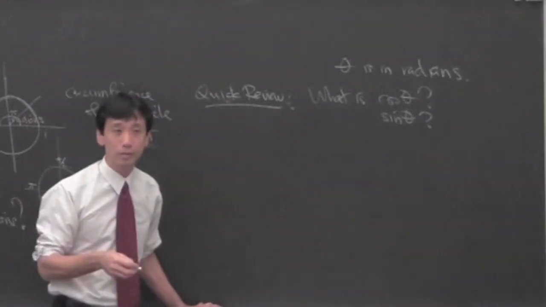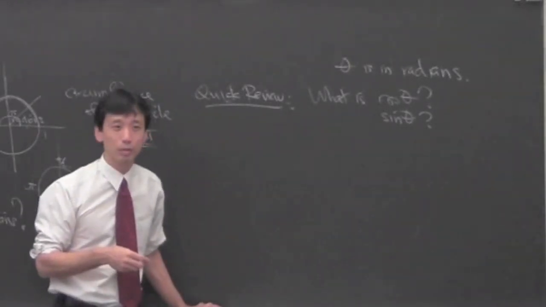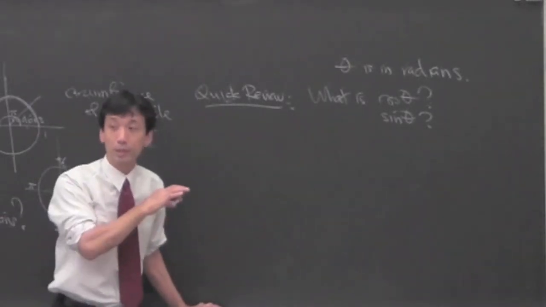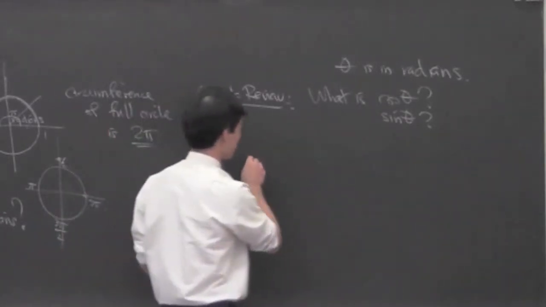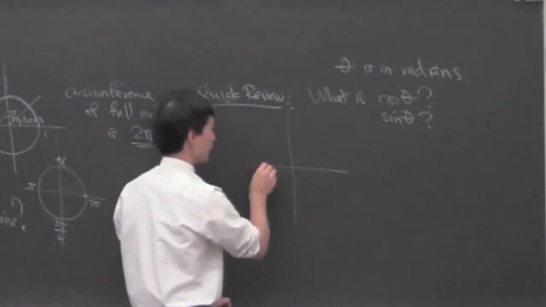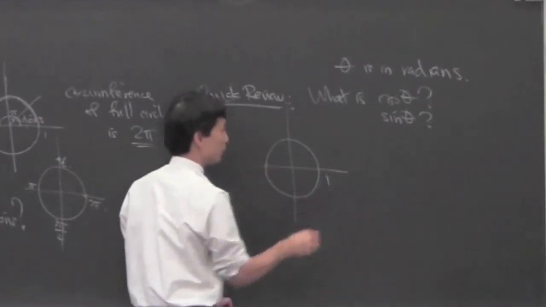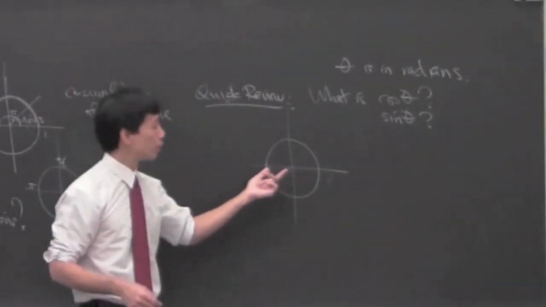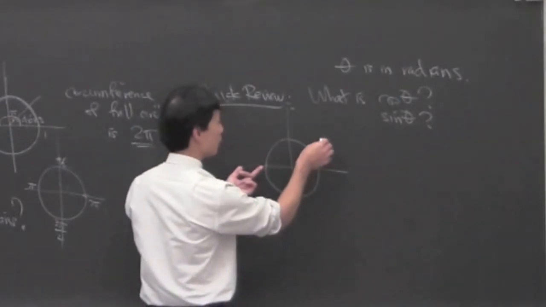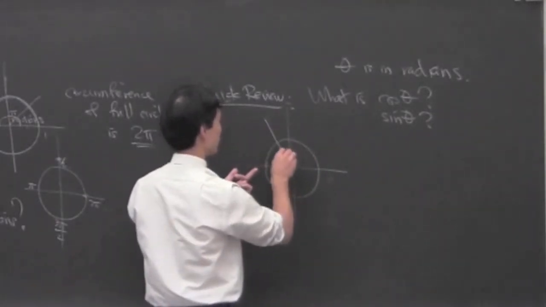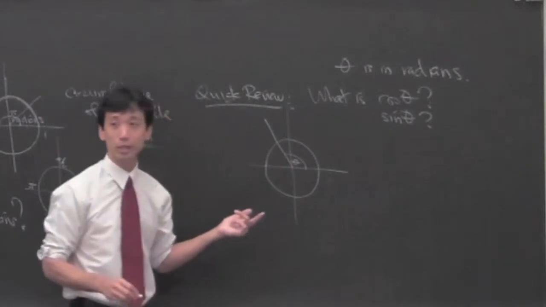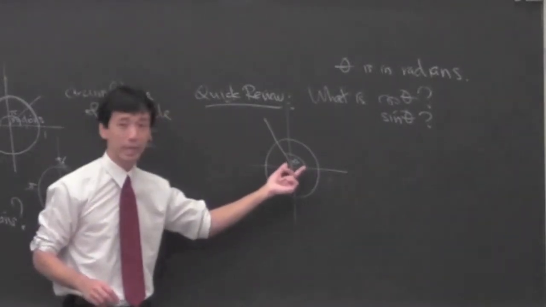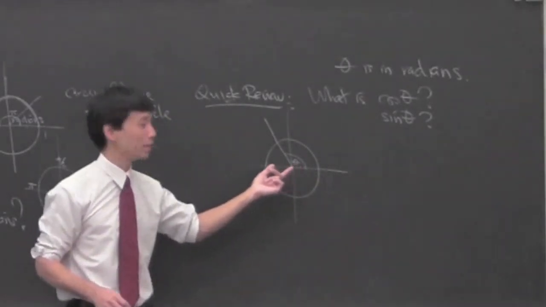Here's how we define those, and it's a little bit different if you've seen it only with triangles, so please pay attention. What you do is, again, you go to the unit circle, or it could be any circle, I guess. You go to theta radians, whatever that is.